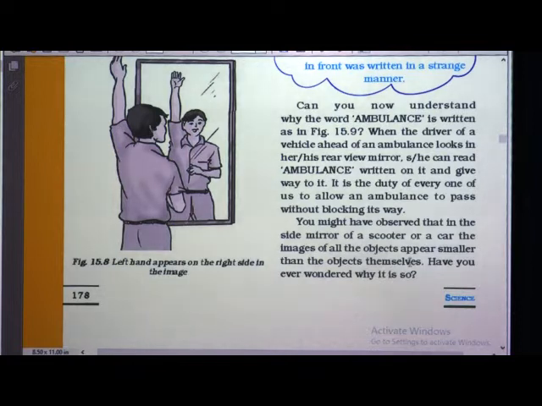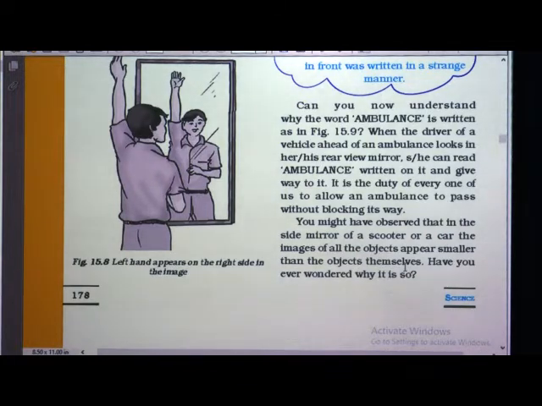We know cars and scooters are big in size, but when we see their images in the mirror, they look smaller than their exact size.